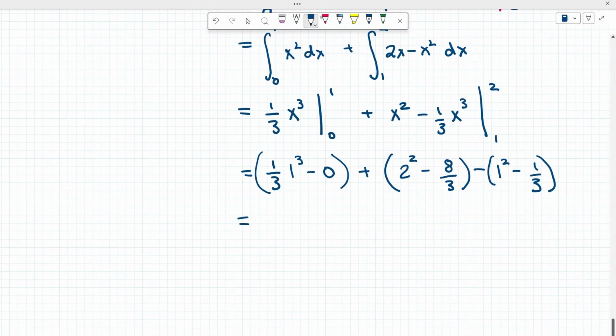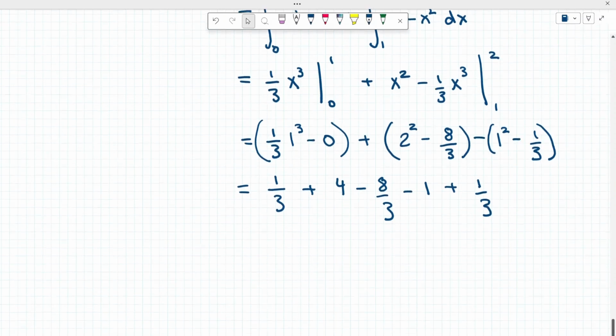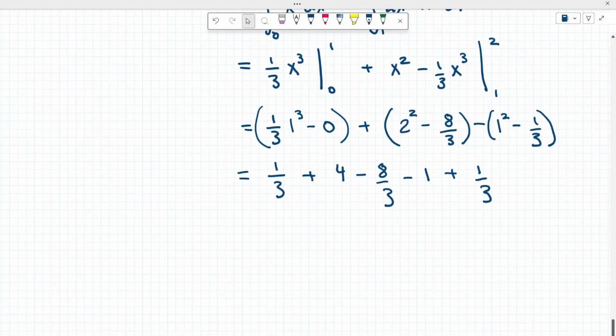So let's go ahead and simplify this. So we have 1 over 3 plus, what do we have here? 4 minus 8 over 3, and then minus 1 plus 1 over 3. So let's simplify this some more. So we have 1 over 3 plus 1 over 3 minus 8 over 3.